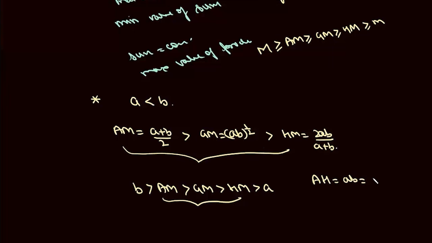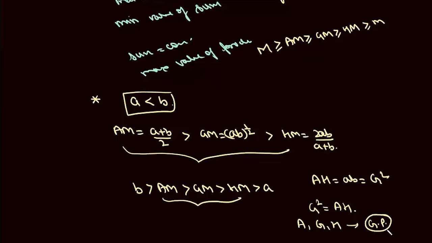So it will be AB, which is nothing but G squared. So for two numbers, their geometric mean squared is equal to A times H. Then we can write A, G and H are in GP. And this is valid only for two numbers. If it is more than two numbers, then this result is not valid.